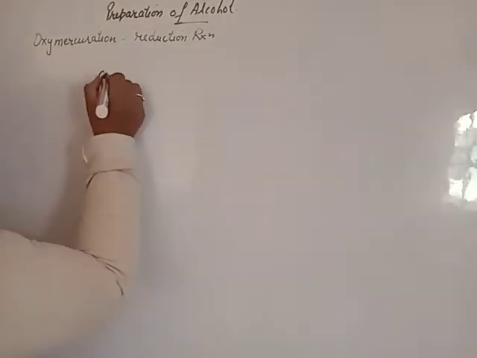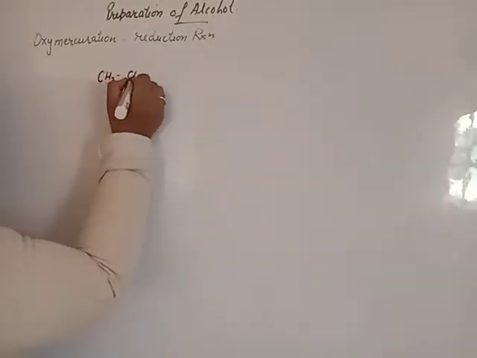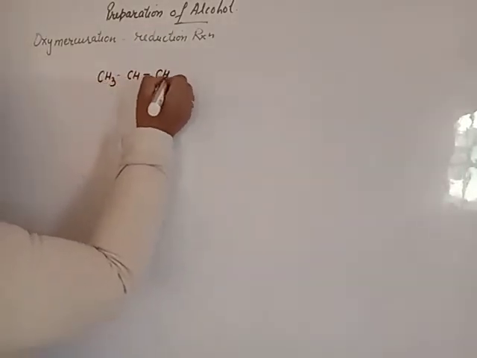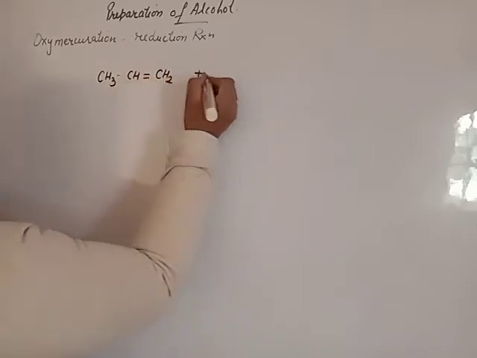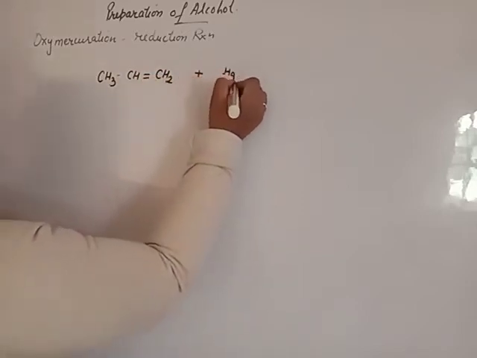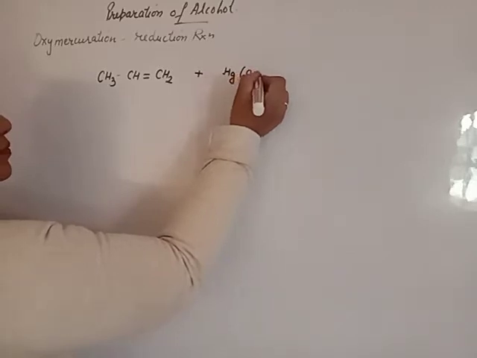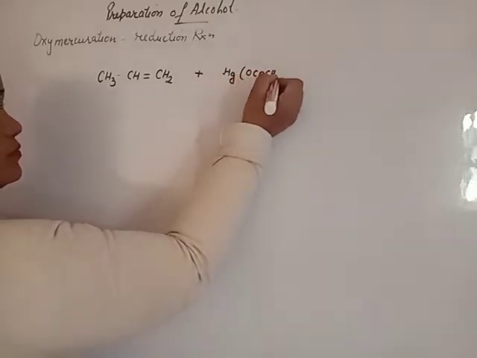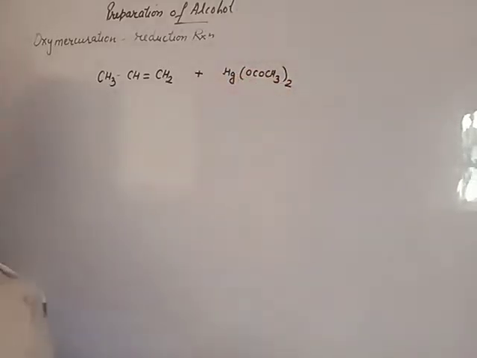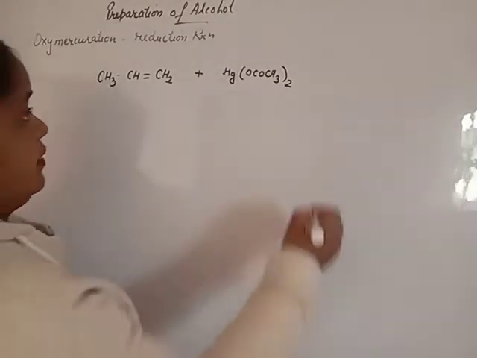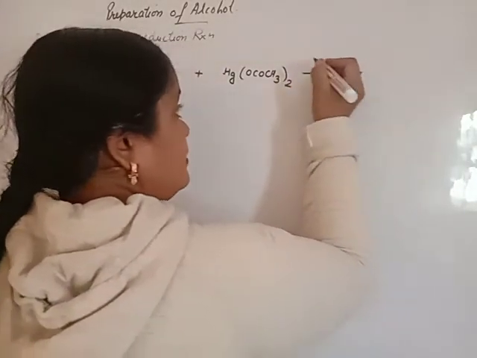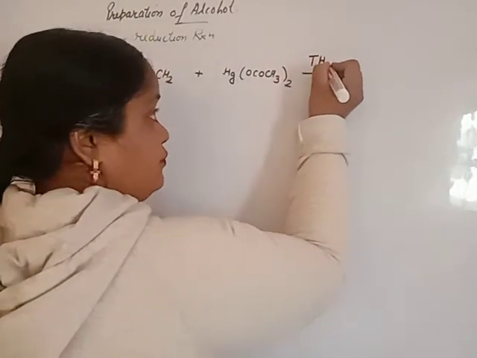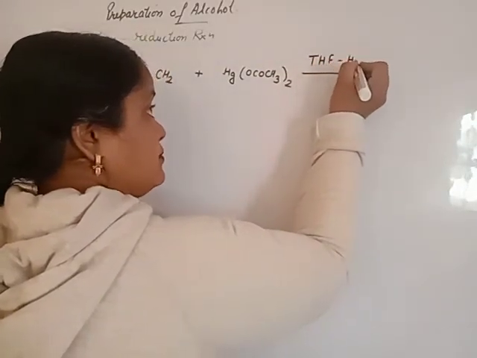Suppose we have an alkene. Beta, it is treated with mercuric acetate. Mercury carries a +2 charge, under the catalyst tetrahydrofuran with water.